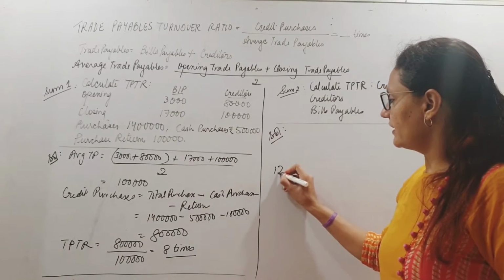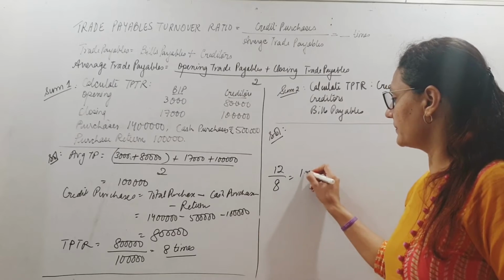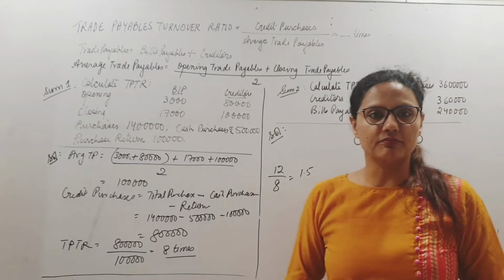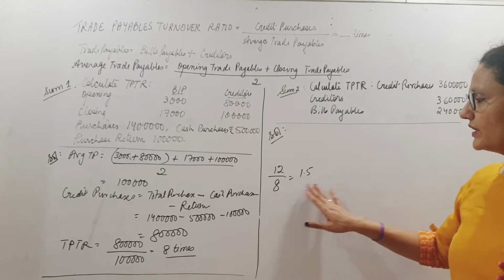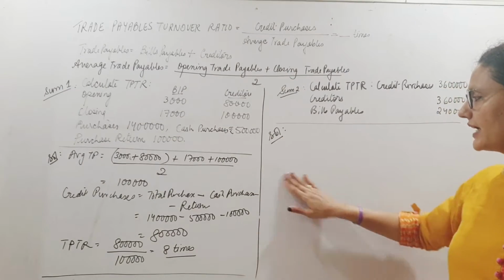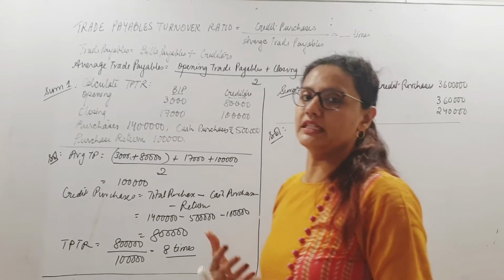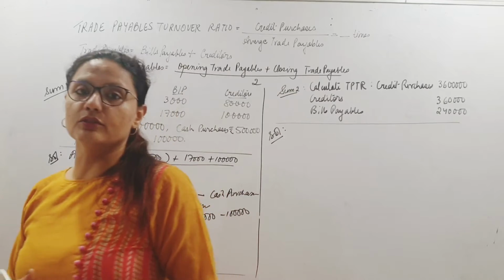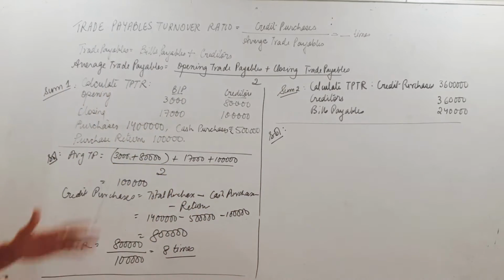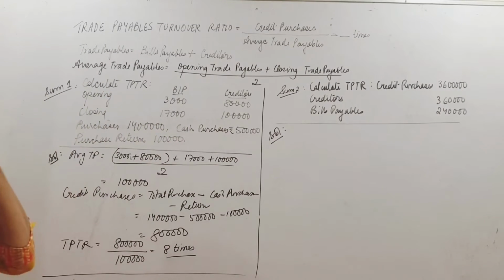How 1.5 months? 12 months है, 8 times pay कर रहे हैं, so I am paying within 1.5 months, right? So that's how we calculate the time period for which I usually take credit, buy goods on credit. Fine. So this is how we find out trade payables turnover ratio.